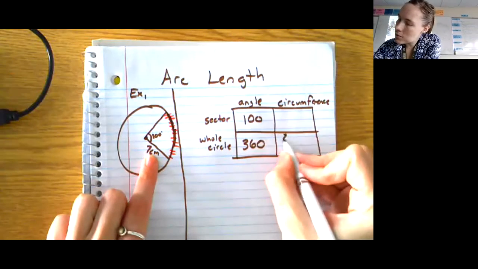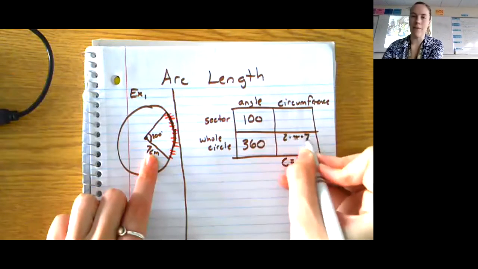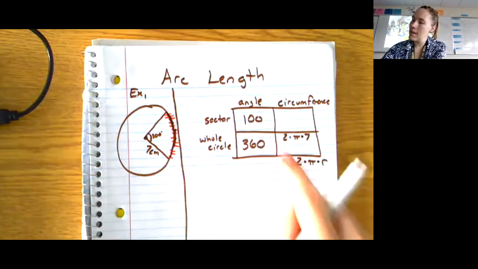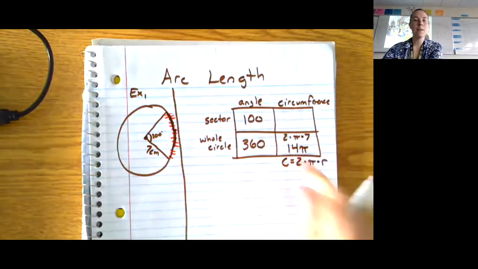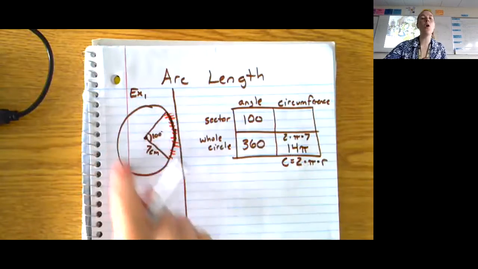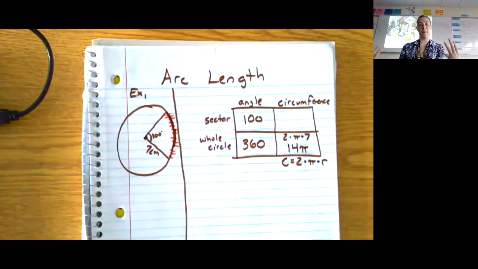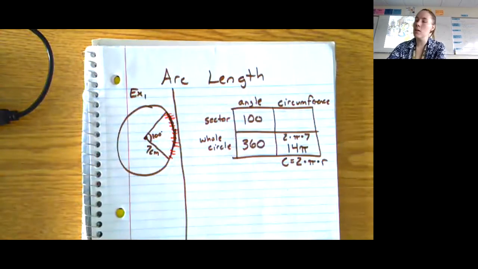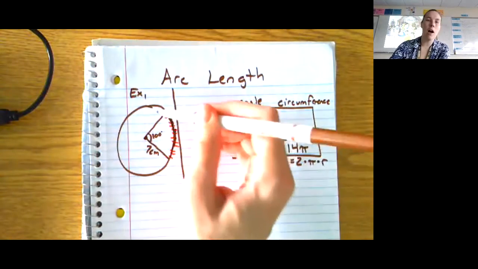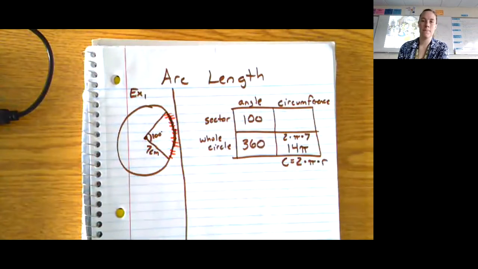So I have 2 times pi times 7. All right, 7 times 2 gives me 14. So 14 pi is the circumference of this whole circle, so all the crust of my pizza. Now I want to know just this part of the crust, just this little section of my arc right there.